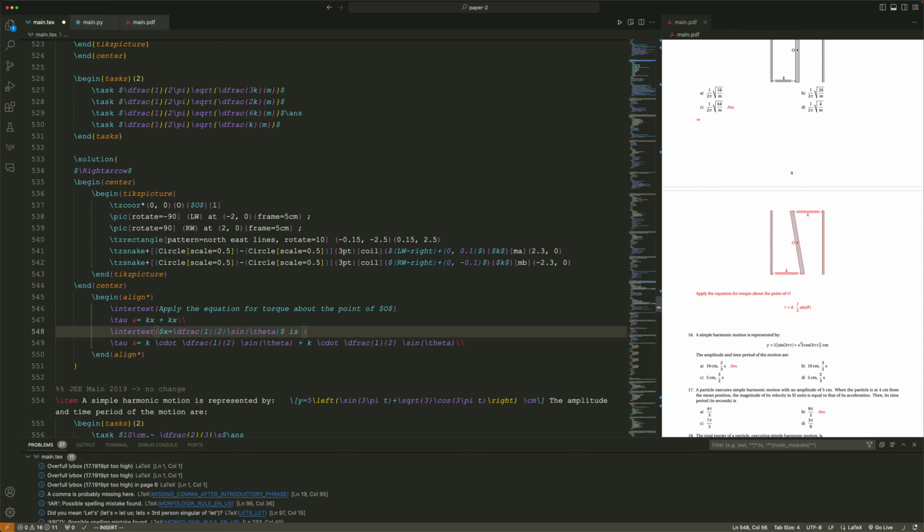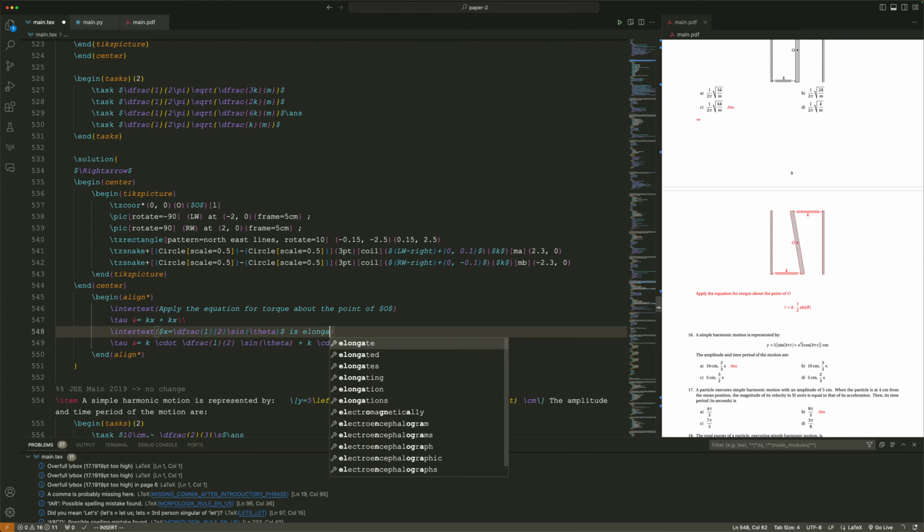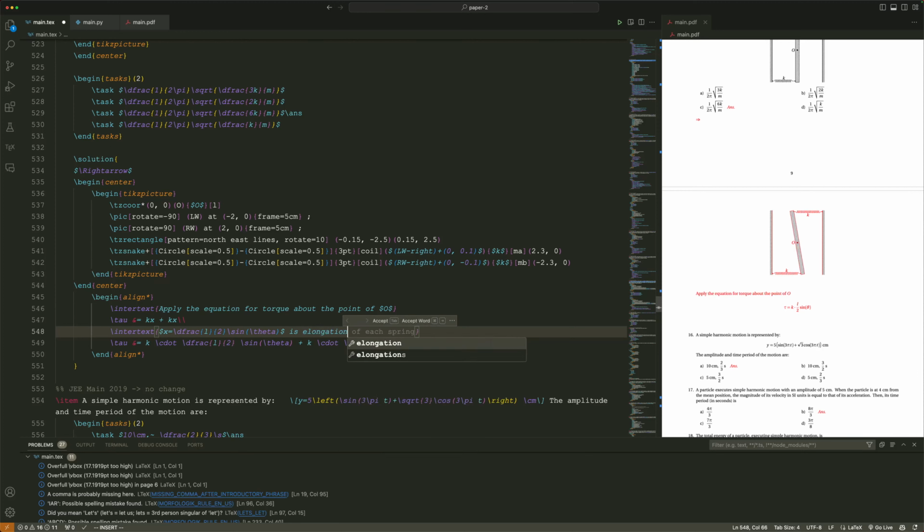X is the elongation of its spring. Yes, that is much better. So we can just put it twice, and we can remove this part.